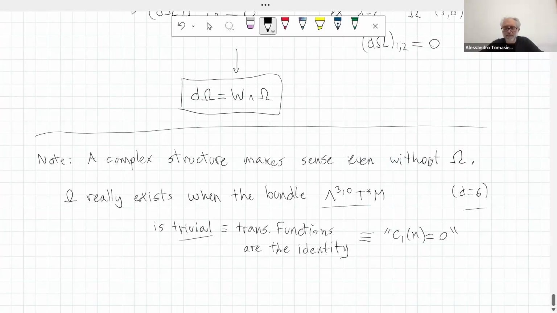C1 of the manifold is 0 if this bundle is trivial, or in other words, if you can find globally a 3,0 form. But of course, from this notation, you see that it comes from another place, and we could give it another definition. This is the so-called first Chern class.